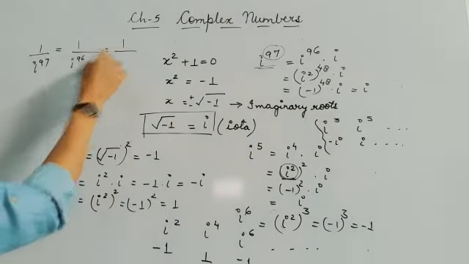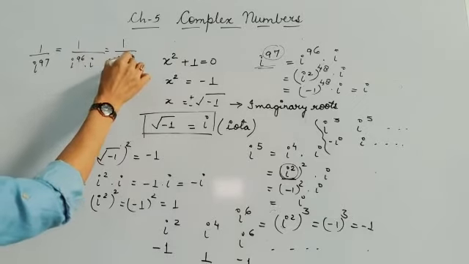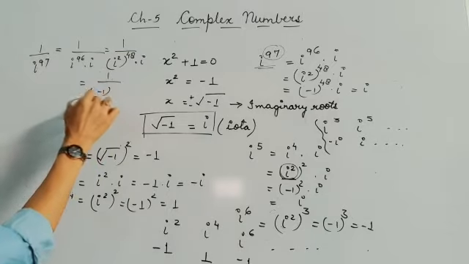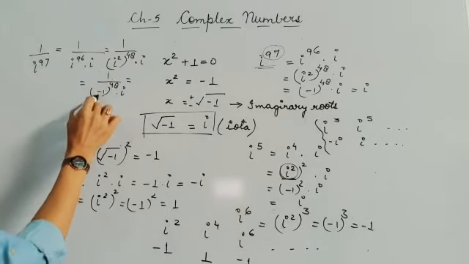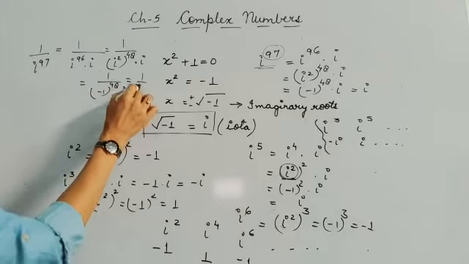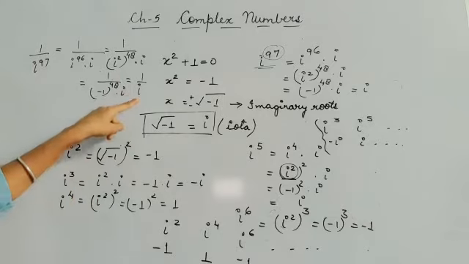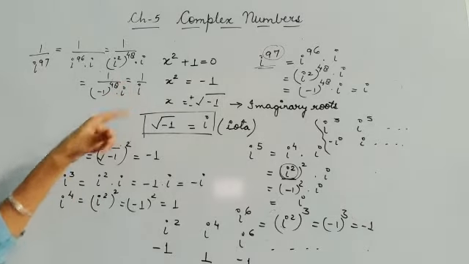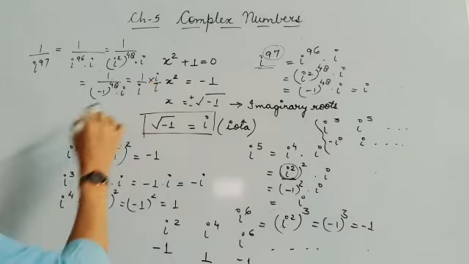Then again you take it as iota square raised to power 48 into iota, which gives me minus 1 raised to power 48 into iota. So I will again get 1 upon iota. But children, whenever you are doing complex numbers, you cannot leave the answer in the denominator in iota form. So here you have to rationalize it: multiply iota and divide iota.